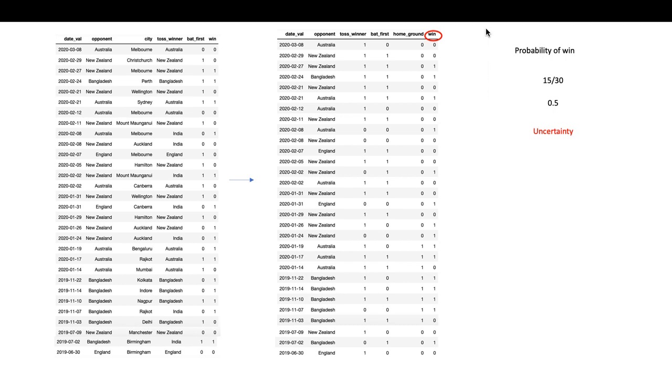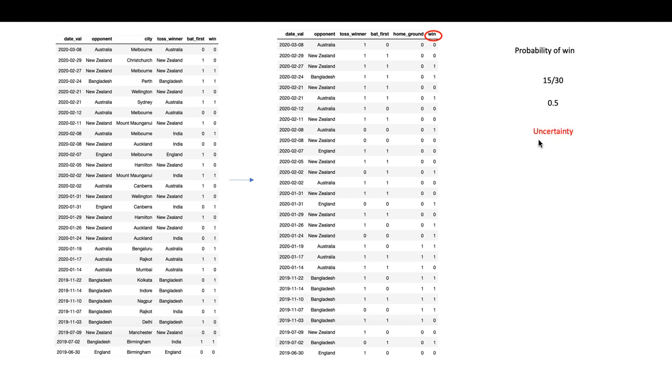We can predict a win or loss with only 50%, which is like a coin toss. What we will try to do is find factors among these so that this uncertainty gets reduced, and we can say that India will win or lose with higher accuracy.